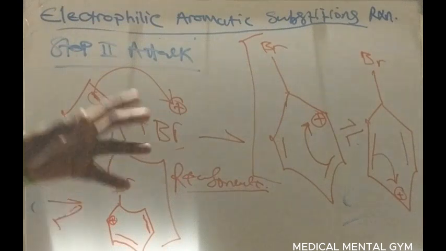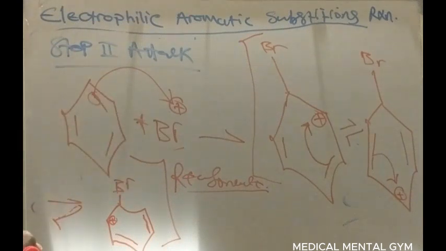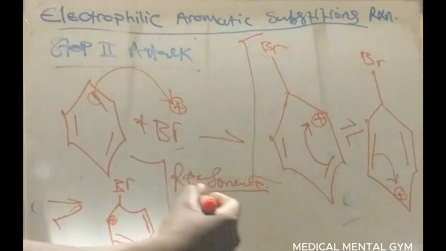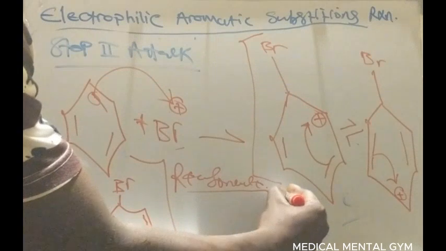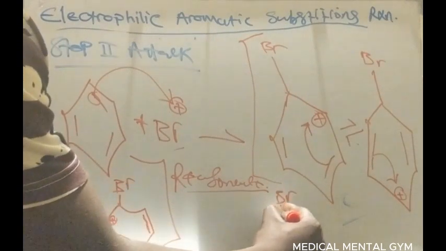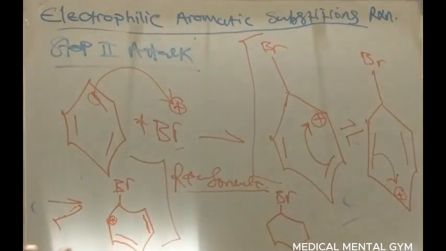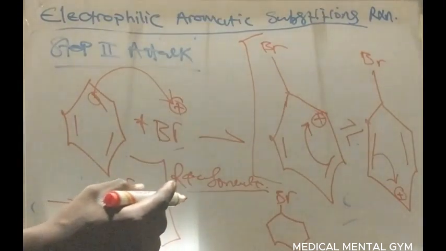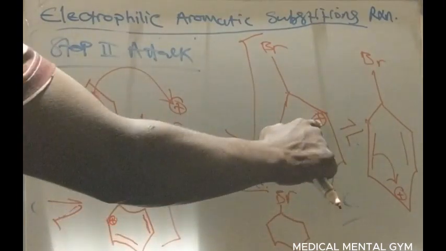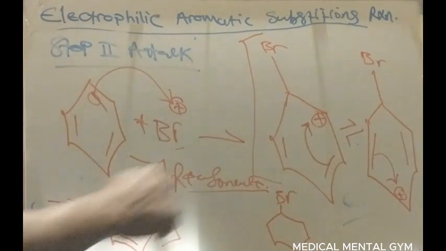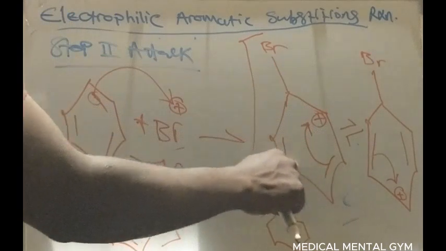So with these resonance structures in check, we draw up what we are calling our arenium ion from the resonance structures. So our arenium ion will be based on the movement of the positive charge. So the movement of the positive charge in the ring will guide us on how our arenium ion will flow. So the positive charge started from here and then moved to here. So the positive charge was flowing through till here.